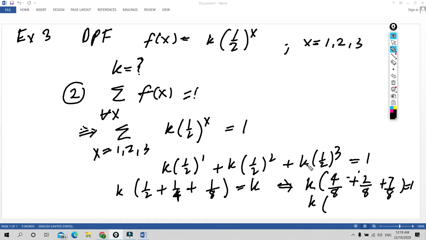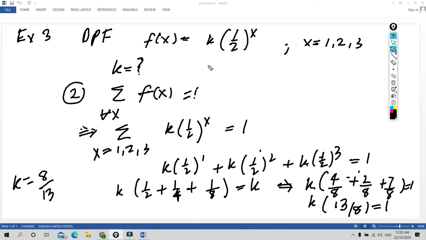So I have here 7/8 k is equal to 1. Or in other words, k is equal to 8 over 7.